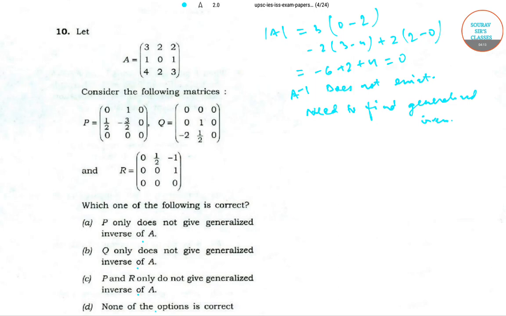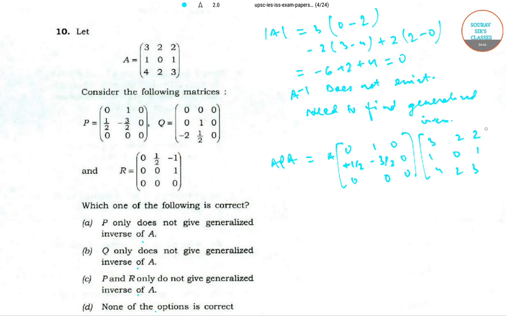Now, let us find APA, which is equal to A, replacing the values of P, 0, 1, 0, minus half, minus 3 by 2, this is plus half, not minus half, minus 3 by 2, 0, and then 0, 0, 0, replacing the values of A, 3, 2, 2, 1, 0, 1, and 4, 2, 3.